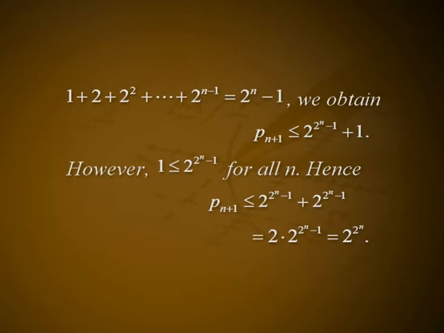Hence, P(n+1) ≤ 2^(2^n - 1) + 2^(2^n - 1) = 2·2^(2^n - 1) = 2^(2^n).